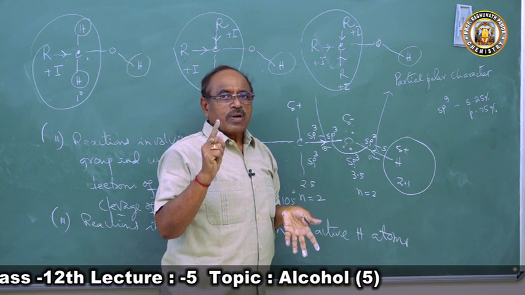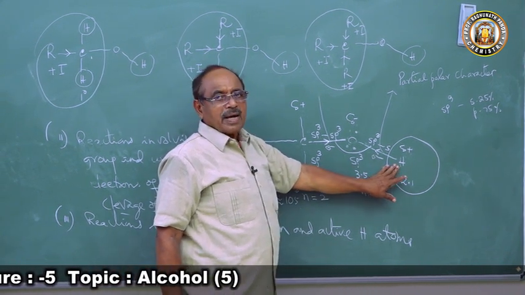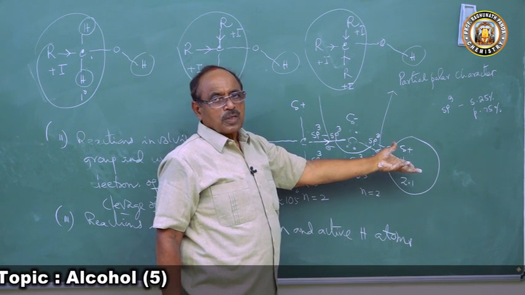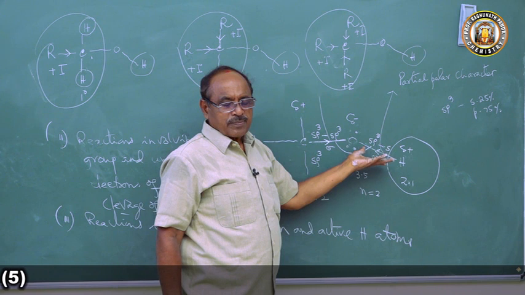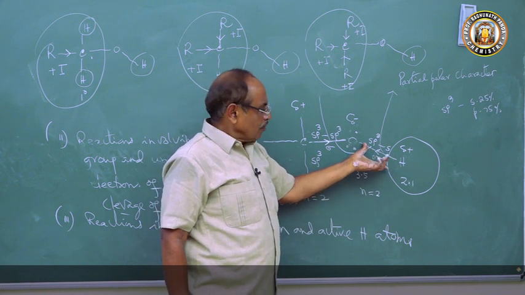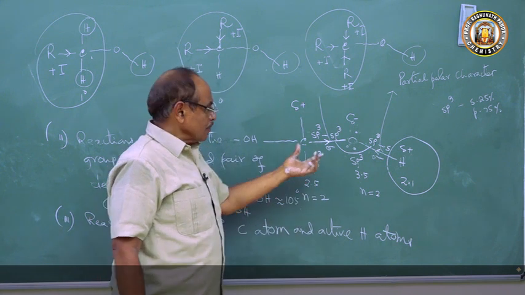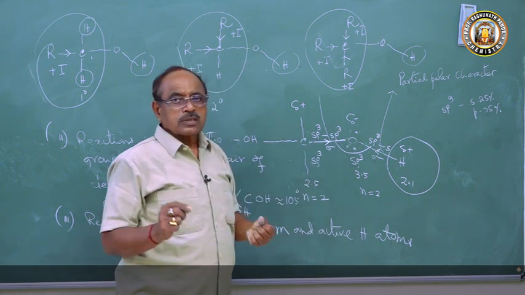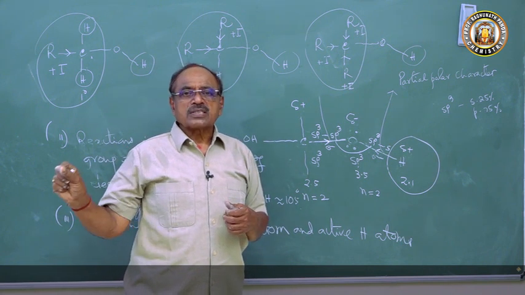Now one thing we want to discuss: this hydrogen atom can be substituted by a group more positive than hydrogen. Reactions involving the hydrogen atom are rupture of the OH bond. Reactions involving the OH group will occur in the three types of alcohols, but this C-OH bond will not go. Alcohols do not have a tendency to release a hydroxide ion.